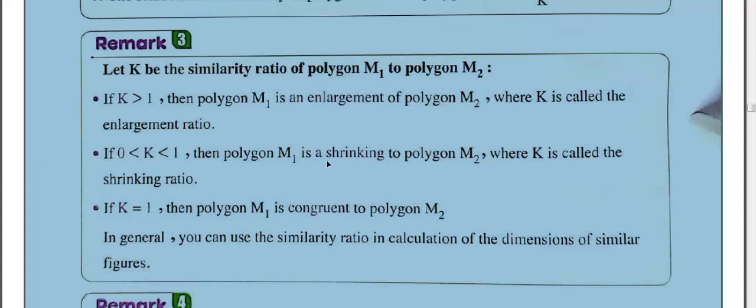If K equals 1, then polygon M1 is congruent to polygon M2. In general, you can use the similarity ratio in calculating the dimensions of similar figures.